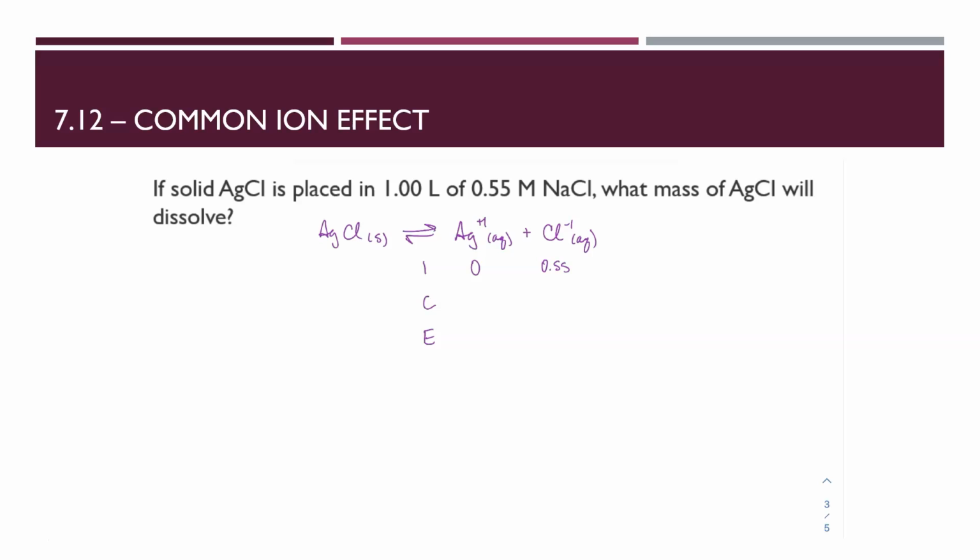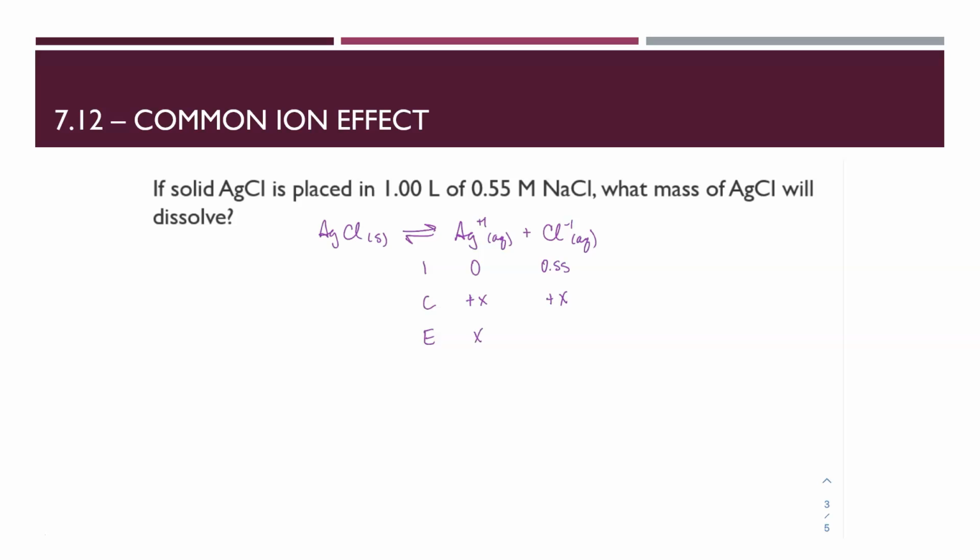And we know when we add the silver chloride that we are going to increase our concentrations by some amount X, because we have coefficients of 1 for both our silver and our chloride.